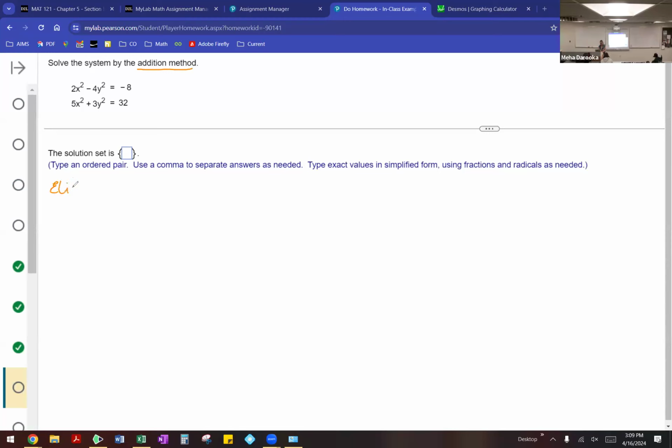So let's start by eliminating y squared. But you can call it y, it doesn't matter. So that's equation 1. What would we need to multiply equation 1 with, and what will we need to multiply equation 2 with, so that we can cancel out the y squared? What would be the least common factor between 4 and 3?